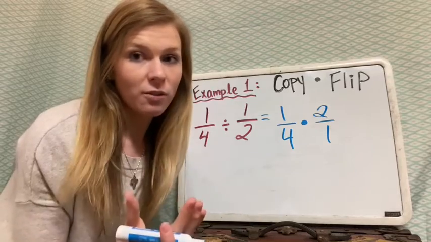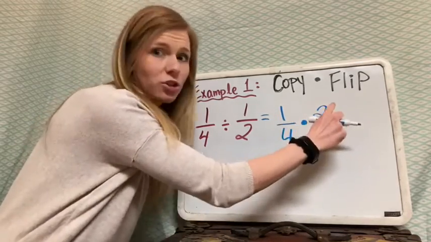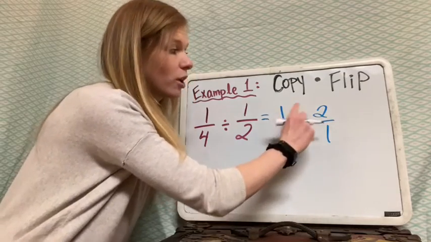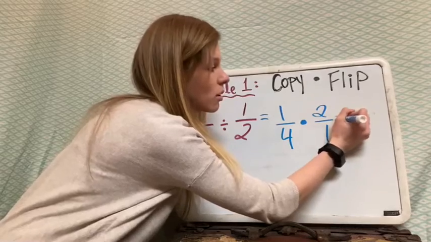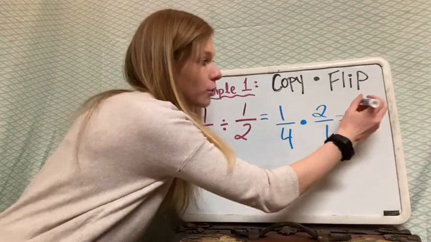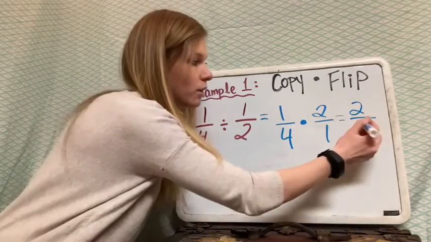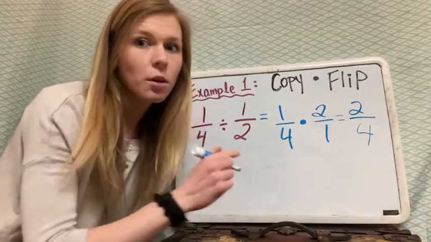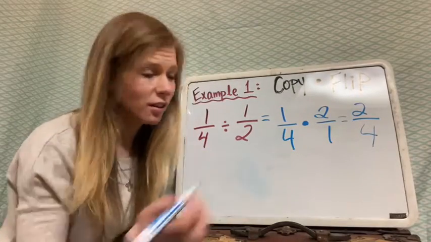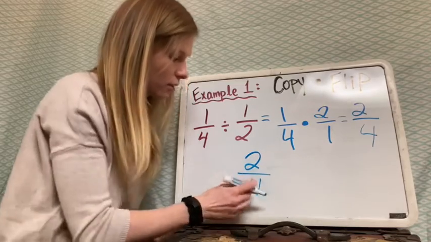Refresher on multiplying fractions, because now this is a multiplication problem. You just multiply straight across. Numerator times numerator, denominator times denominator. So 1 times 2, 2. 4 times 1, 4. You end up with your answer being 2/4, but you're not done yet. 2/4, okay?